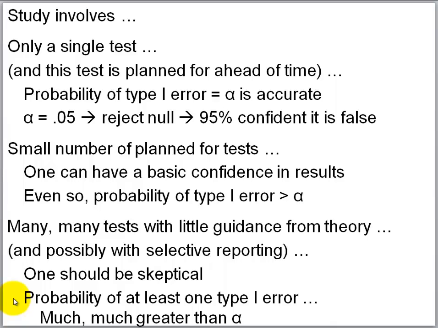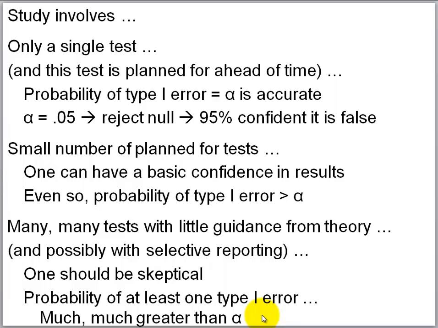In other words, the alpha level is increased to some unknown amount. So, rather than being, for instance, 95% confident that the null is false, you might be 70 or 80% confident. I mean, it's very, very difficult to untangle this.